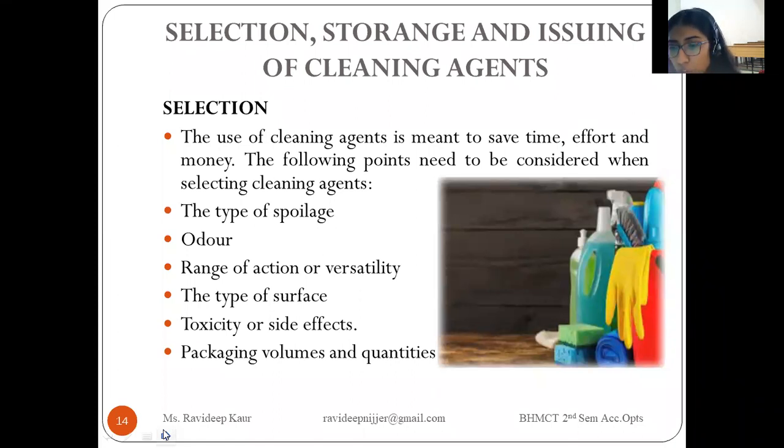First one is the type of spoilage, what kind of spoilage it is, then odor, range of action or versatility, and the type of surface.